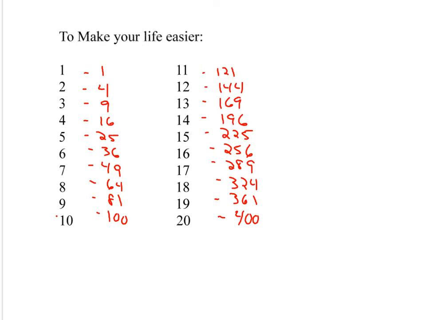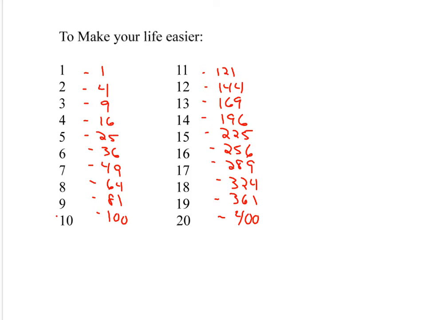Take a minute and write these squares down into your notes. You probably just want to memorize these, or minimally familiarize yourself with them, so when you see a number like 289, you say, I think that's one of those perfect squares. Yes, 17 squared, or 17 times 17, is 289.